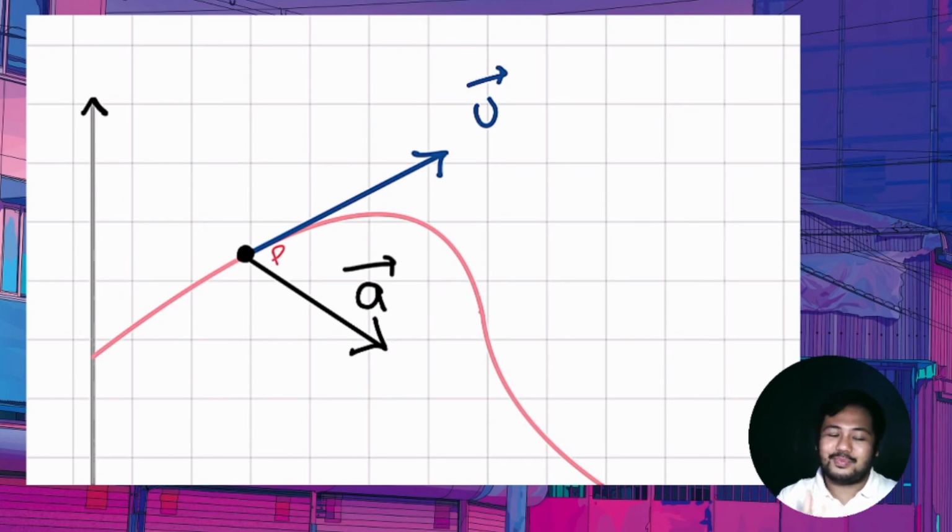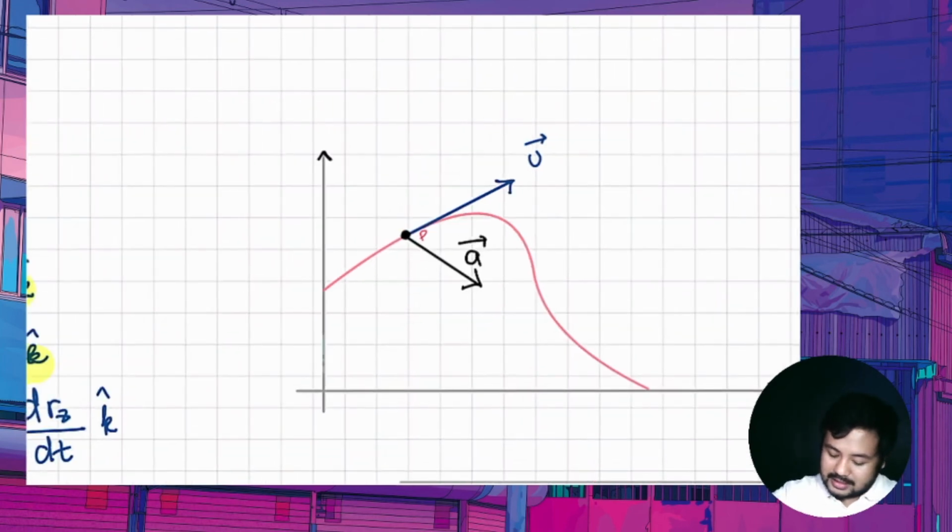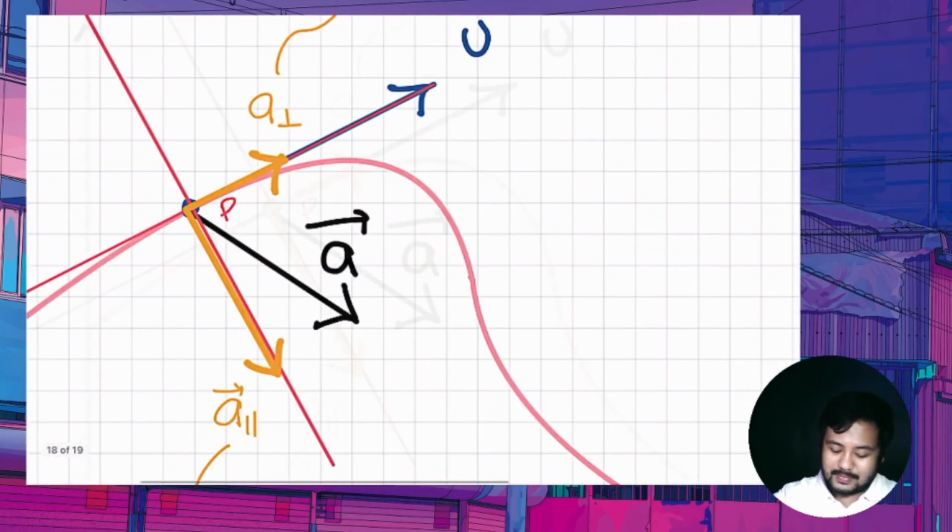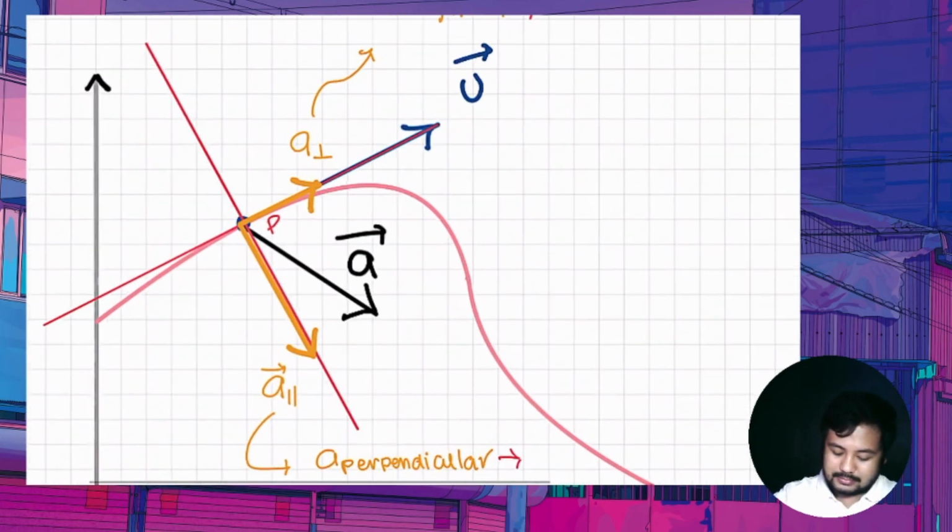So the components of your acceleration vector are actually the ones that tell us whether it is accelerating. Okay, so we have the blown up version.